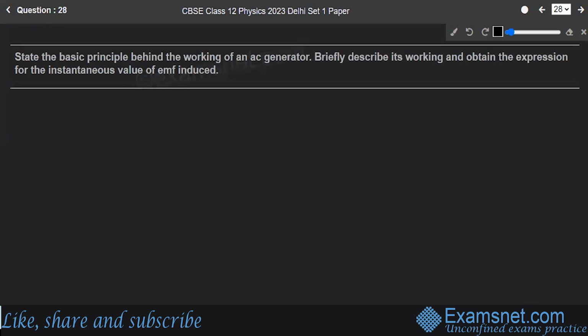Question number 28: state the basic principle behind the working of an AC generator. Briefly describe its working and obtain an expression for the instantaneous value of EMF induced. See, the AC generator works on the principle of Faraday's law of electromagnetic induction.